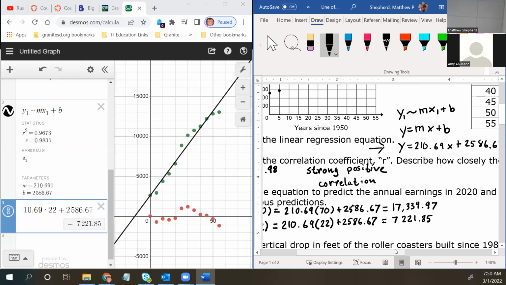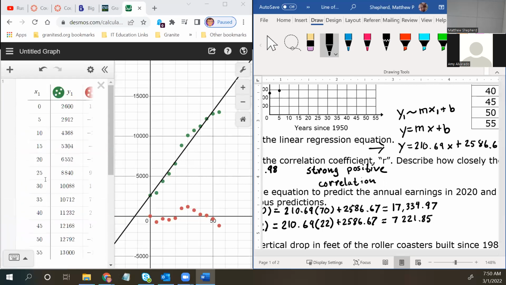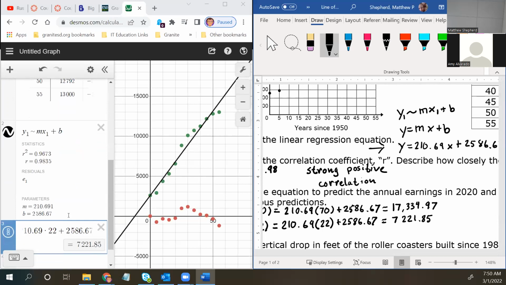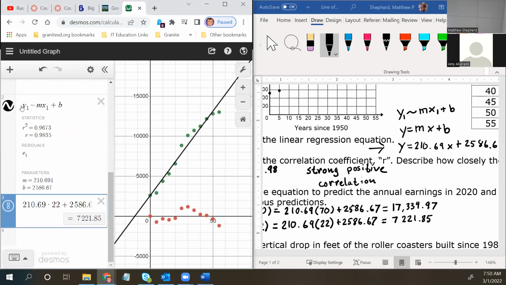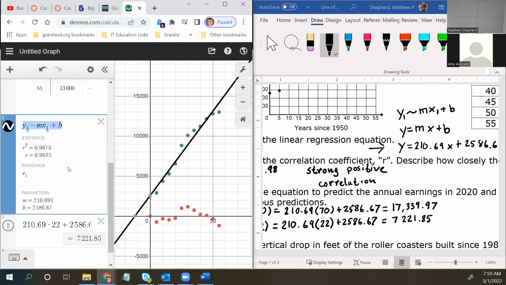I want you focused on knowing how to use Desmos well: knowing how to quickly put your data into the table using the copy and paste like I showed you, or by pressing plus and then making a table and typing the numbers in. Making sure you can do the equation and get the answer. And then making sure that you can interpret different answers and use your equation to make predictions. That's the very point of these regressions, is making these predictions.